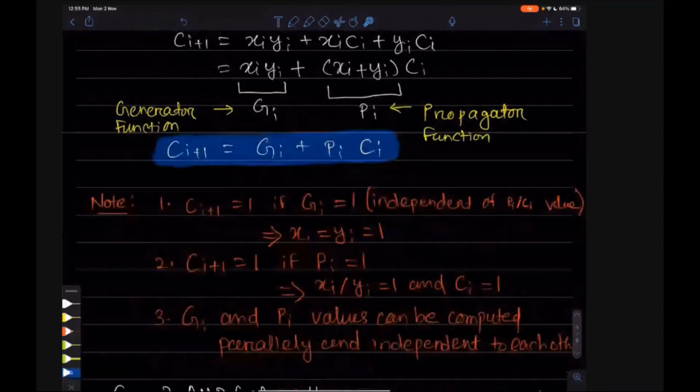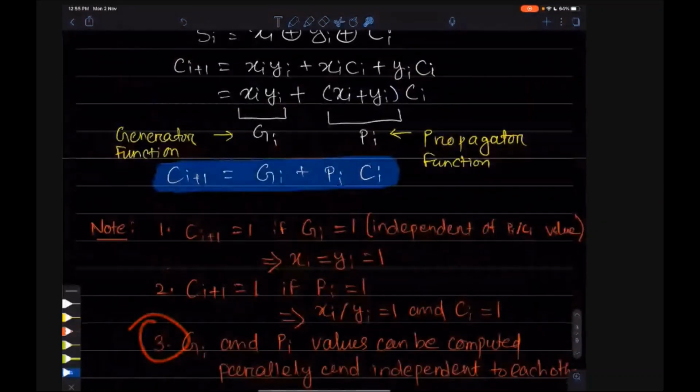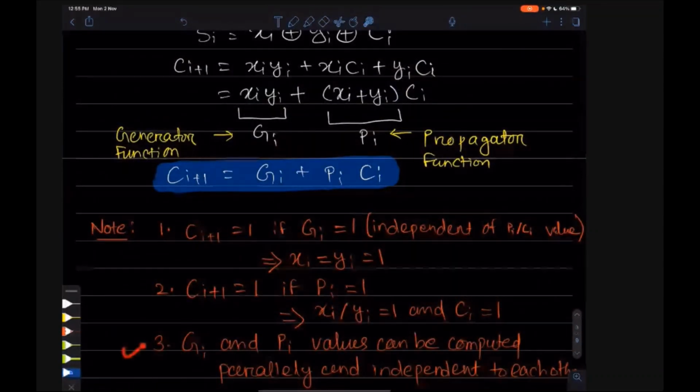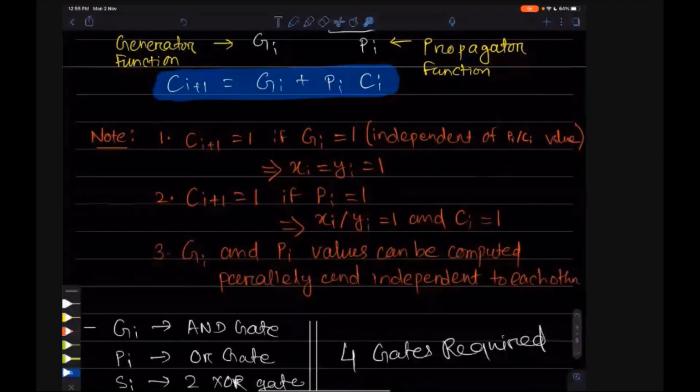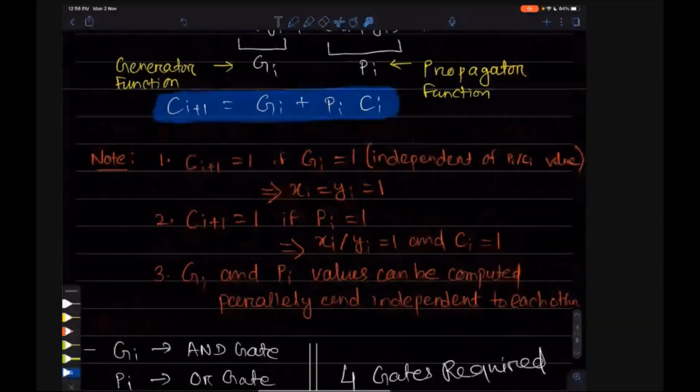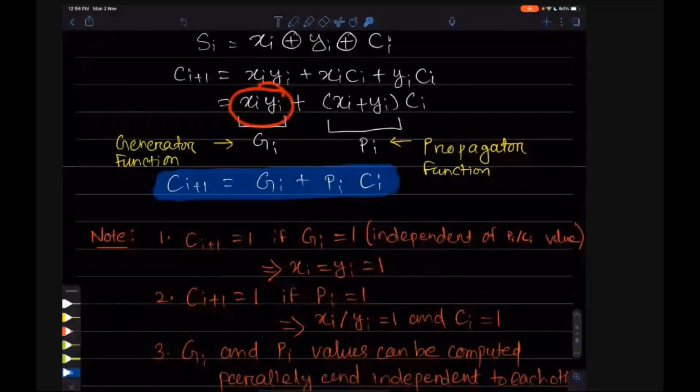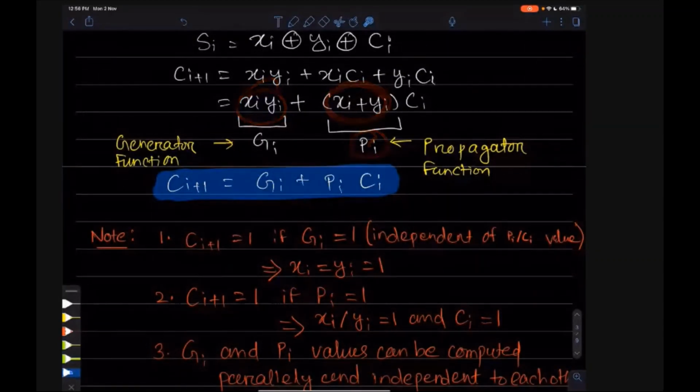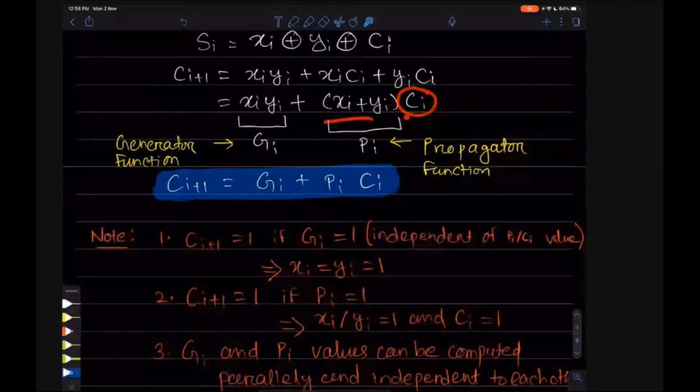Okay, up to this you can understand, up to the third point. This is a very important point, and the first one is a very important point. Now if we do all these things and create our circuit, then we require one AND gate for Gi, because Gi is xi AND yi. One OR gate is needed to generate Pi, and one AND gate between this and this, and there is an OR gate here.